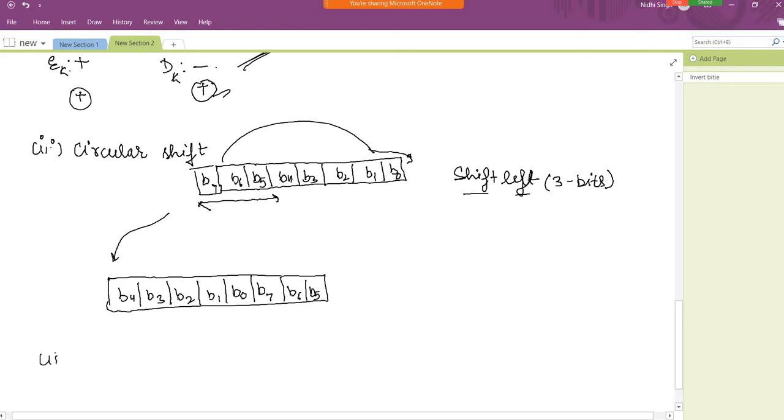Then the other operation is known as the swap operation under the block cipher. The swap operation is just like the shift operation, but we have to divide the block into two halves and swap. So in the swap operation, what will we do? Divide the block into two halves and swap.